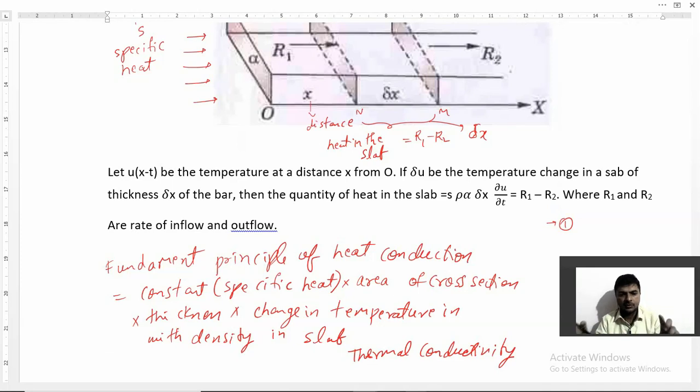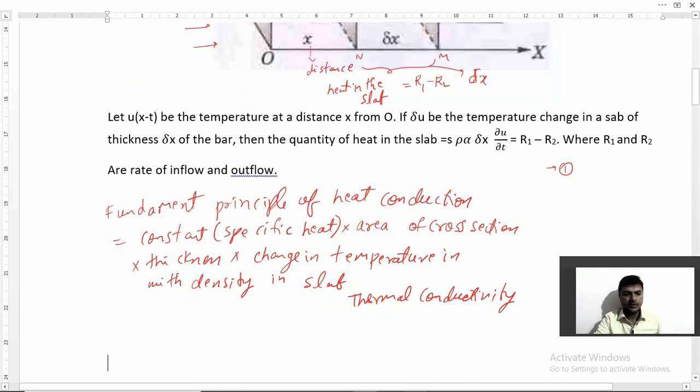Area alters the temperature, thickness alters the temperature, and density in the slab alters the temperature. This is by thermal conductivity. All these things are proportional to the temperature.